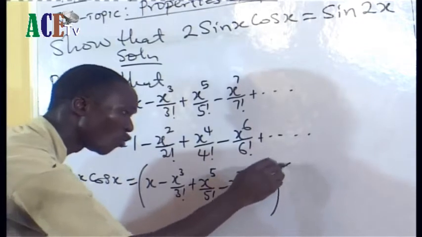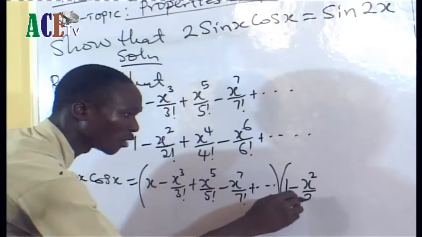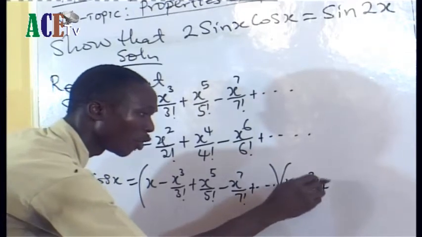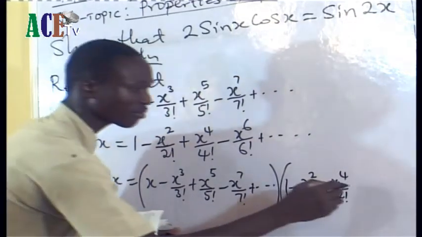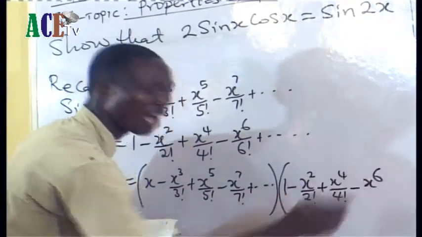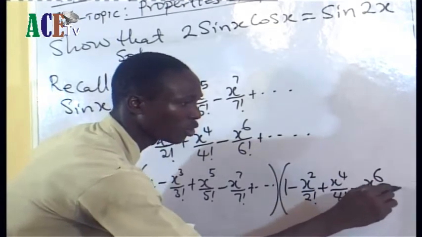And I will multiply it by 1 minus x raised to power 2 over 2 factorial plus x raised to power 4 over 4 factorial minus x raised to power 6 over 6 factorial.